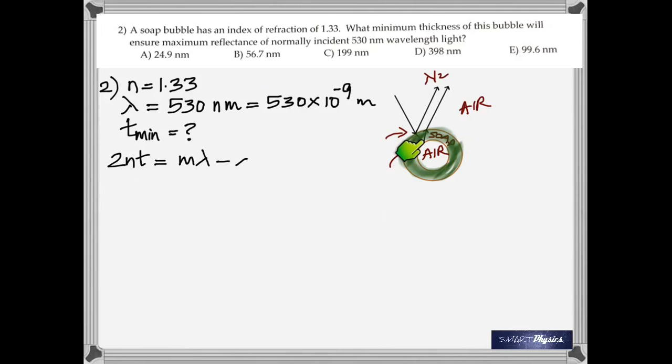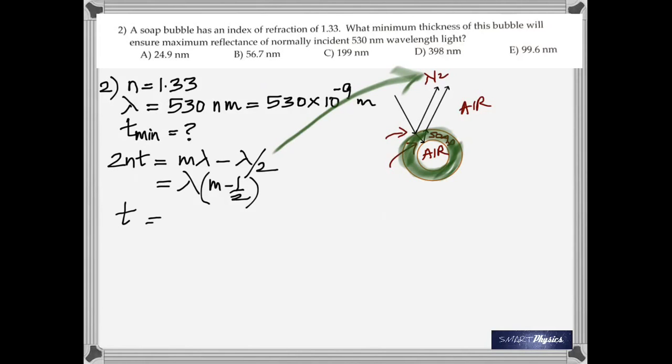Because it's getting reflected while it's trying to go from more dense to less dense. And that is why the condition for brightness now is actually 2nt is equal to m lambda, but I got to take away lambda by 2. So that makes it lambda times m minus half.